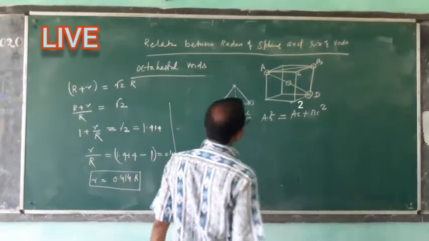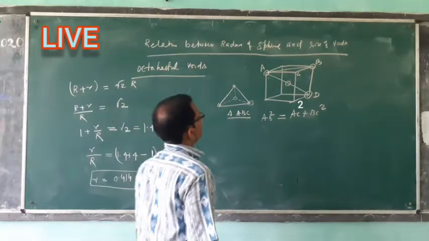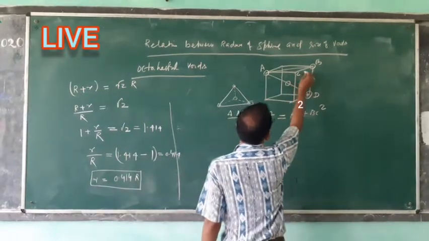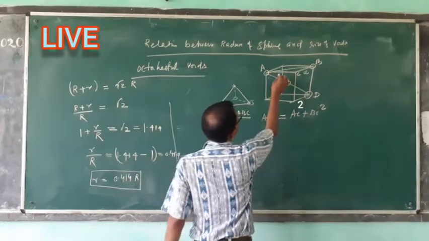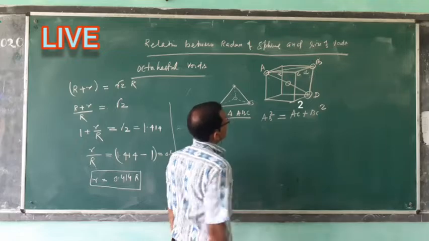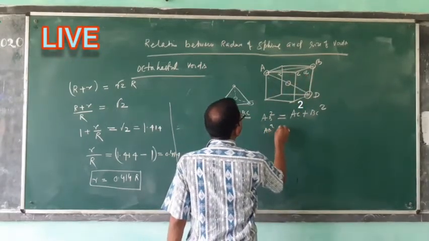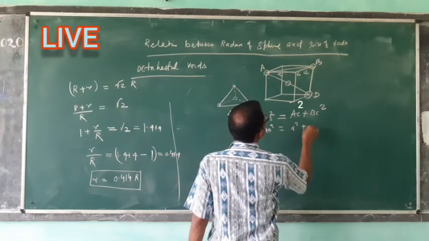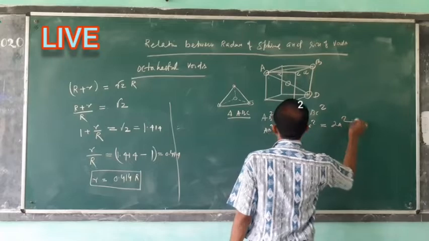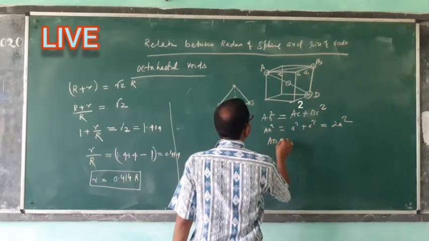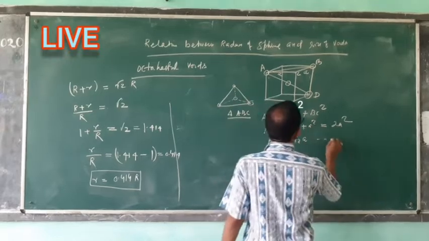And your AP square, you know, this is the side of the cube, this is A, and this is also A. This side is A and this side is A. So AP square is equal to A square plus A square, that is 2A square. So AB is equal to root 2 A. So this is equation 1.